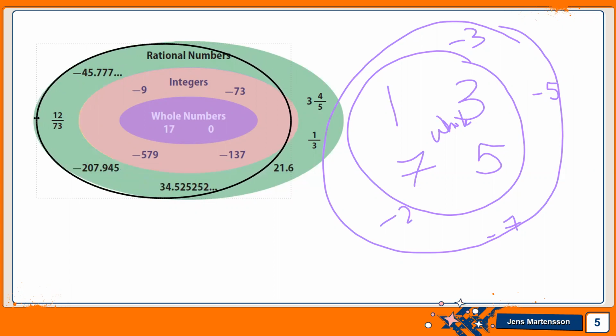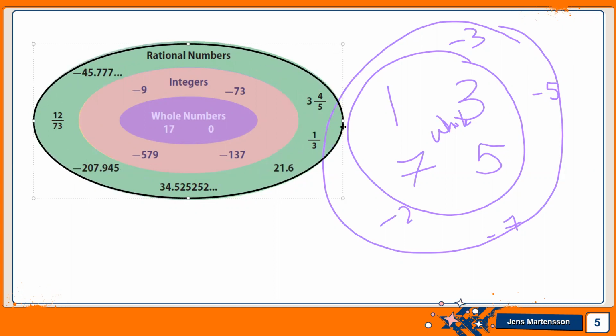What do I mean by rational numbers? Rational numbers are the positive numbers, the negative numbers, the decimals, and the fractions, all combined together. So any decimal, fraction, negative or positive, we call them rational numbers. The rational numbers are like the mother, combining all of them.